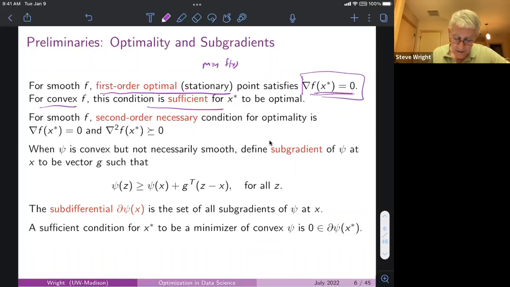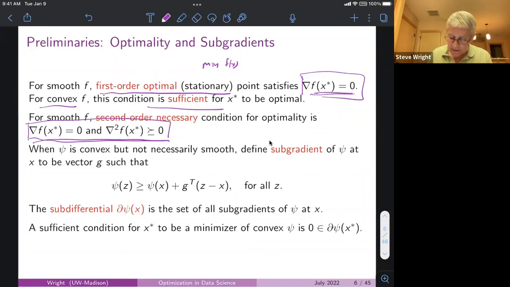Now, again, if you're dealing with a smooth f, a second order necessary condition for optimality is the following. Not only should the gradient be 0, but the Hessian of f should be positive semi-definite. And again, if x star really is a minimizer or local minimizer of f, and f is smooth, it's got to satisfy these conditions.